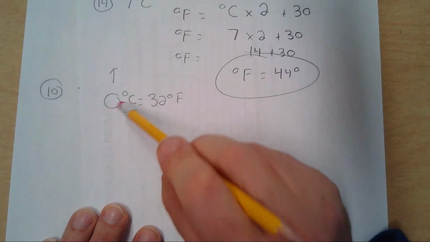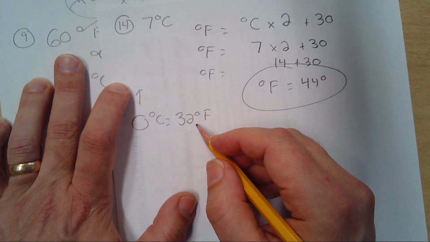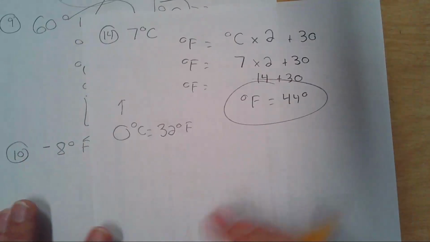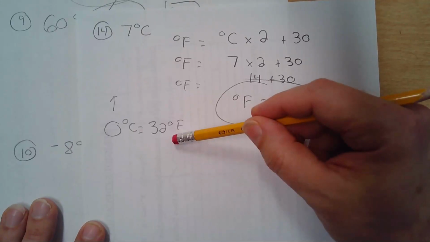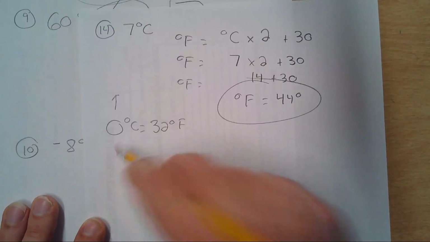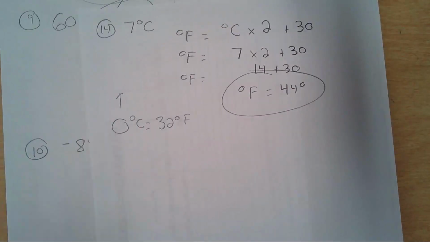So this is kind of the magic number here. 60 degrees Fahrenheit, that's above 32. That'll give me some sort of positive Celsius. Basically, if I get under 32, I'm going to have a negative Celsius, and if I'm above 32, I'll have a positive Celsius. And if my Celsius is positive, then my Fahrenheit's above 32, and if it's a negative Celsius, then my Fahrenheit's below 32.